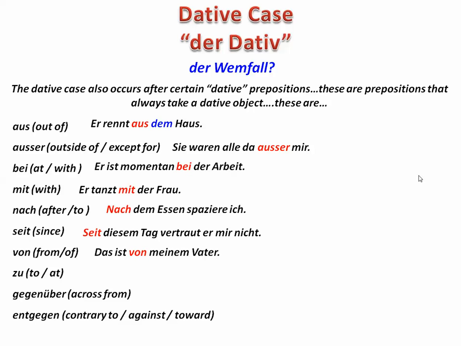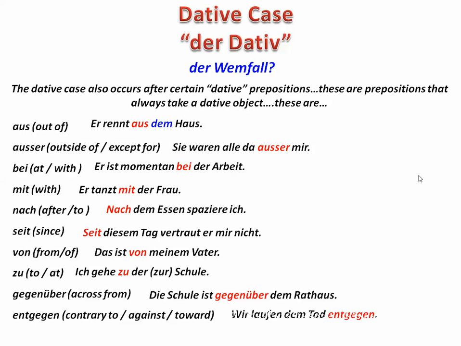Von, das ist von meinem Vater oder von meiner Mutter. Ich gehe zu der oder zur Schule. Gegenüber, die Schule ist gegenüber dem Rathaus. Entgegen, wir laufen dem Tod entgegen. So these are just examples of prepositional phrases using dative prepositions.